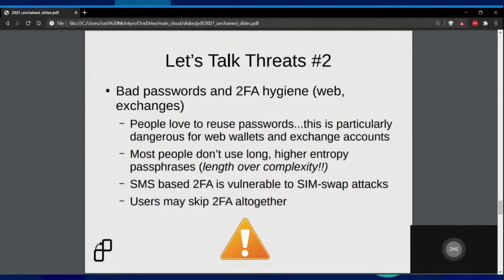So instead, we should use the app-based, like TOTP is kind of the most common standard for that. It's a time-based one-time password. That's usually what you have when you use Microsoft Authenticator or Duo or Google Authenticator. Even better yet, get people to buy YubiKeys, right? A YubiKey hardware token is even better. And that's a lot better than what most people do, which is skip two-factor entirely.